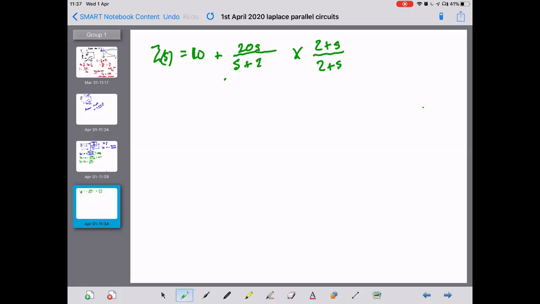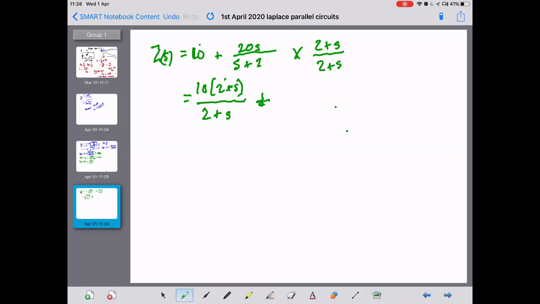So we got 10, 2 plus S over 2 plus S times... that's just the 10 we're multiplying by.